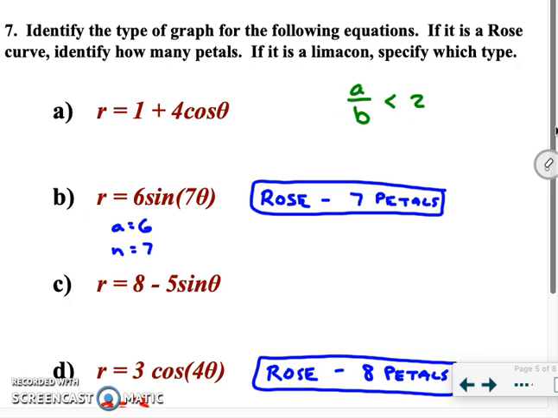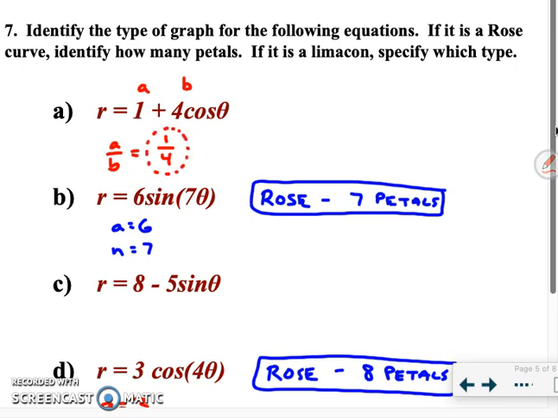And if A over B happens to be, I'm going to switch this sign around, try to do this the lazy way, if A over B happens to be greater than or equal to 2, that's when we're going to have the convex limacon. So those are the tells, I should say, as of right now. And when we're looking specifically at number 7A, we would say that here's A, here's B. So my A over B value, when we plug in, is going to be 1 over 4.